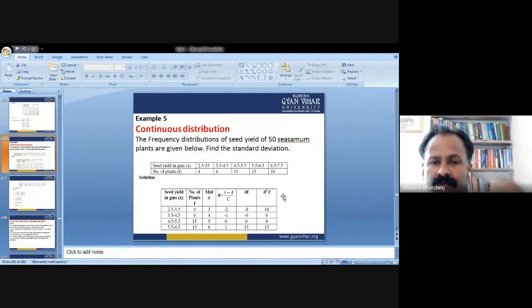So for getting the value of x, we are going to take it from the class range. What is the middle value of 2.5 to 3.5? It is 3. Of 3.5 to 4.5 is 4. Of 4.5 to 5.5 is 5. Between 5.5 to 6.5 is 6. So you got the x value, put x value minus a.